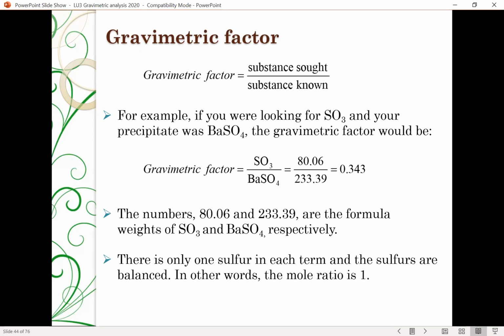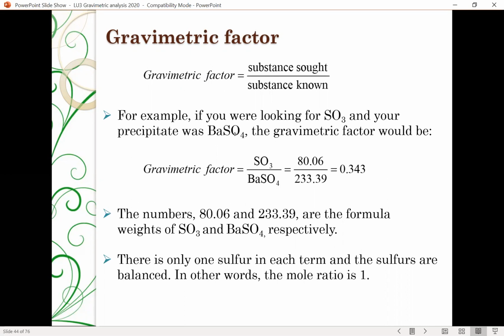In this case, the substance sought is SO3 and the substance known is BaSO4. Sought and known here are in the context of whether we know their mass.